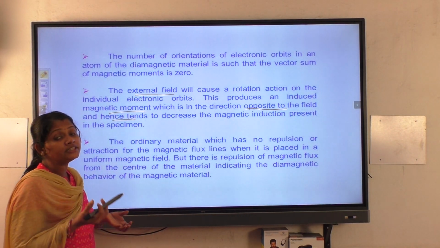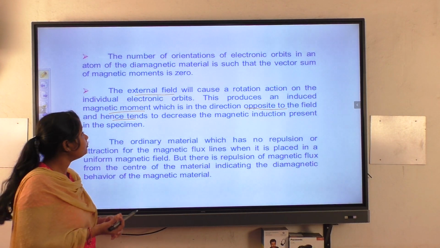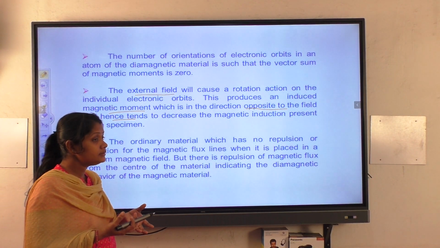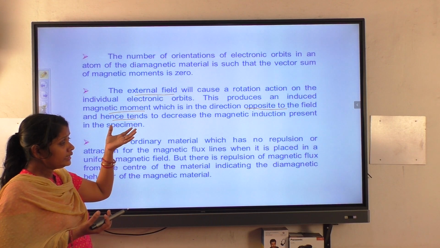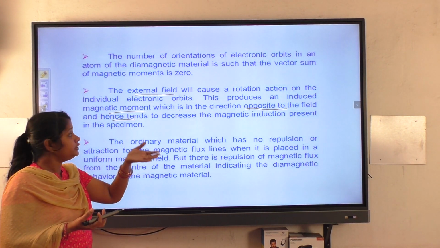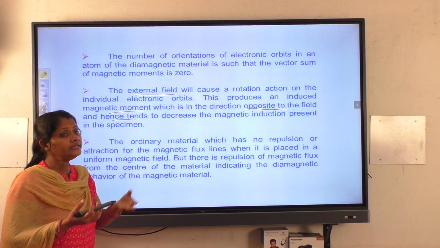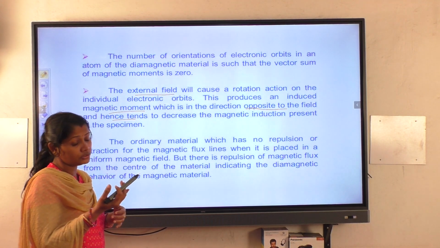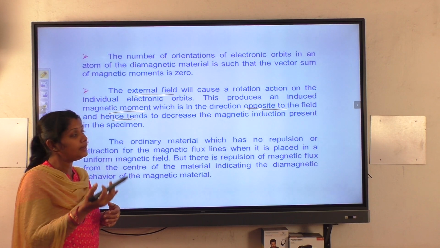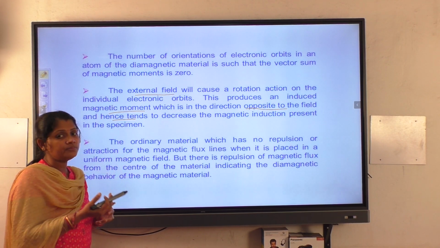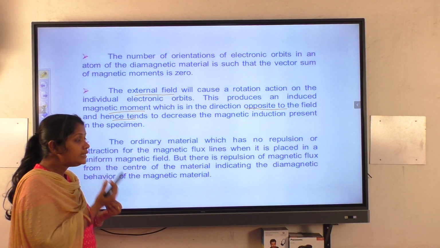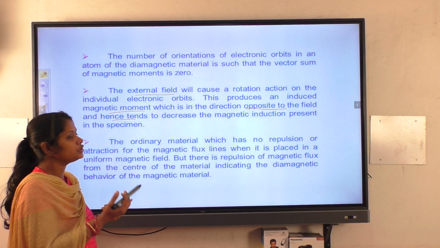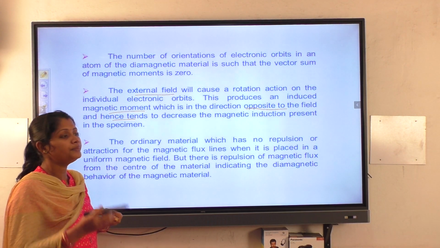If you take a specimen of a diamagnetic material, the induced magnetic moment moves opposite to the magnetic field applied to the specimen.